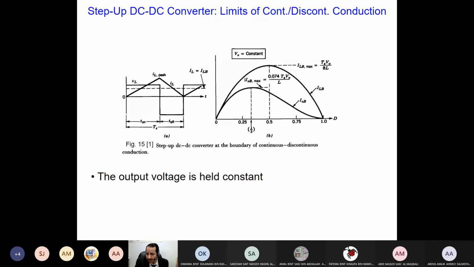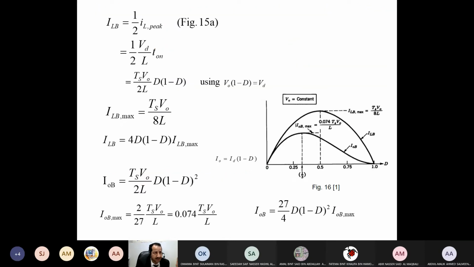Also, we learned to discuss the boundary condition between continuous conduction mode and discontinuous conduction mode. Now, the same graph here, this is VL, this is IL, okay? And this is the graph here. We will discuss it in the next slide. I copy it here. We follow the same trend.